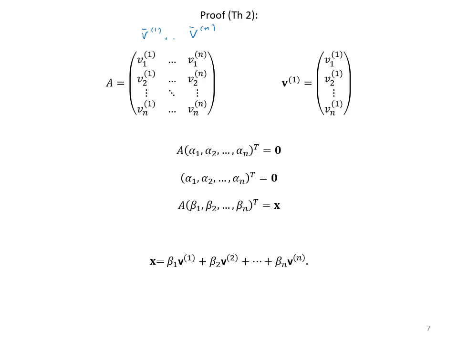Here the italic letters v11, v21 and vn1 represent components of, in this case, vector 1. So the set of vectors v is linearly independent if and only if the matrix equation of the following form has the unique solution which is equal to 0.